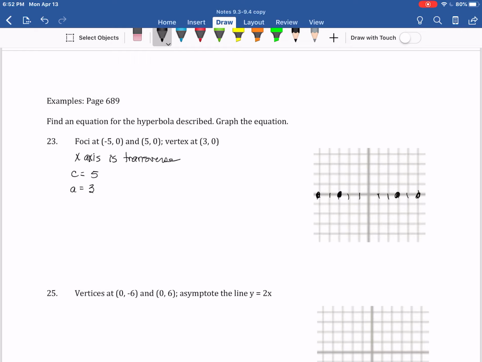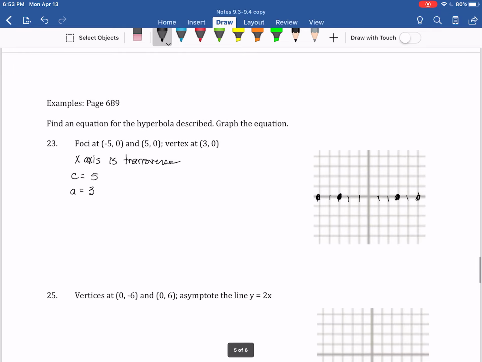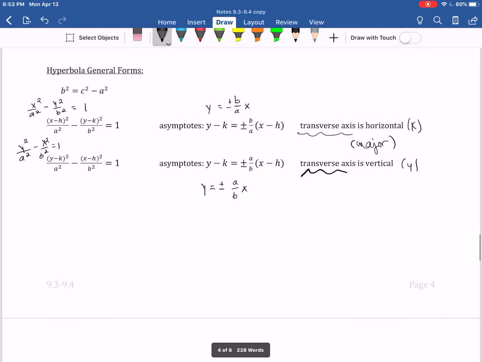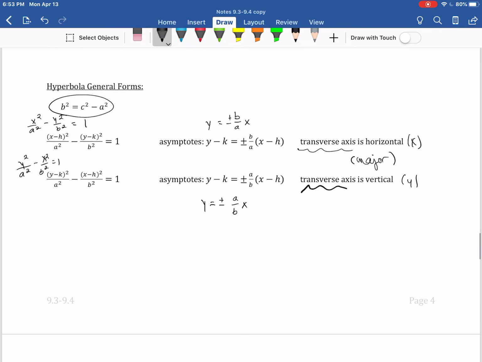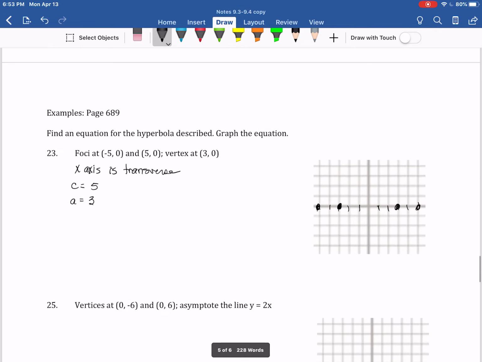All right, I have c and I have a. I'm going to go ahead and find b right away. I am going to remember that the formula that compares a, b, and c, which is given to you on your formula sheet, it is also up here right there, is b squared equals c squared minus a squared. So I'm going to copy that down and we're going to use it.